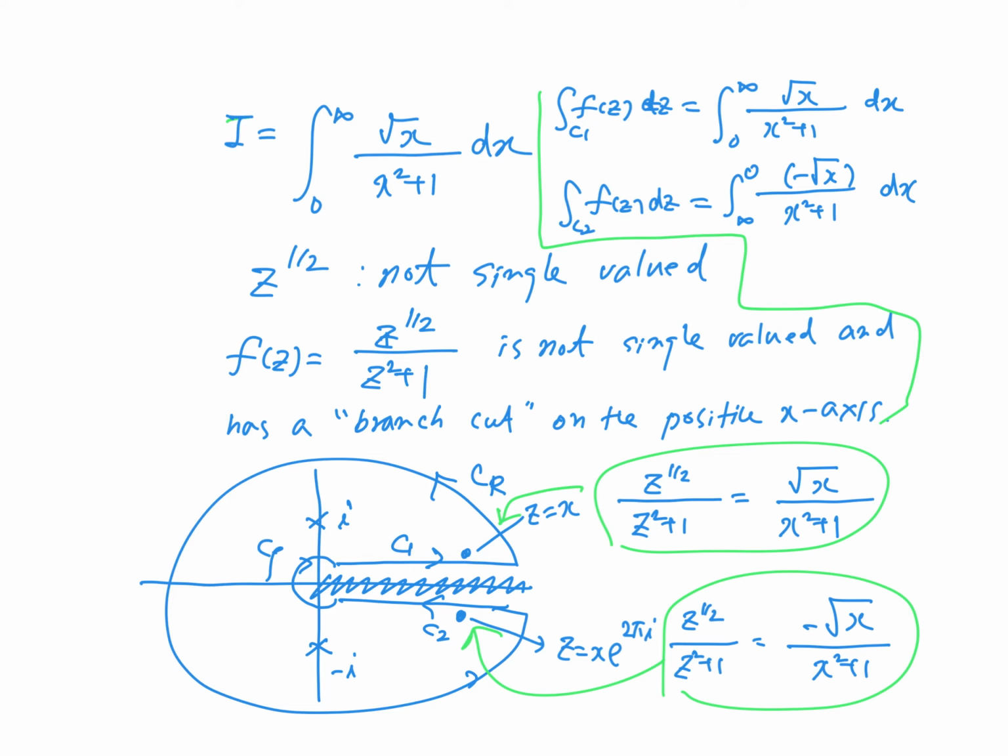When you take 1/2 of the extra factor of exponential 2 pi i, you get a minus sign. But this minus sign is actually very nice, because it makes the upper bound and lower bound interchange to make a 0 to infinity integral of the x squared plus 1 square root of x dx, right?